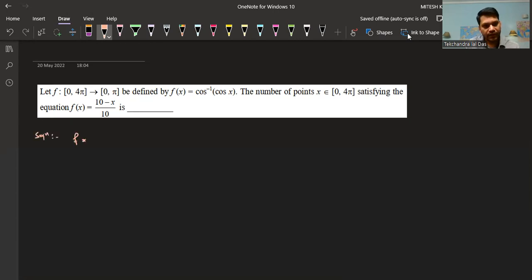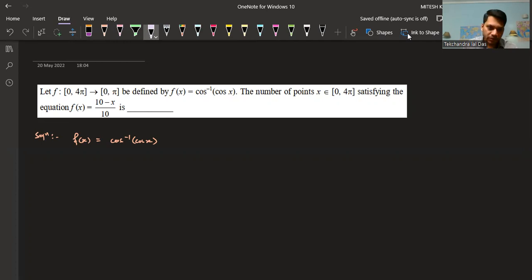Here we have f(x) equal to cos inverse of cos x. First of all, to draw any graph, we should know the domain and range of that function. What is the domain of this function? Domain means the x values for which this function is defined.